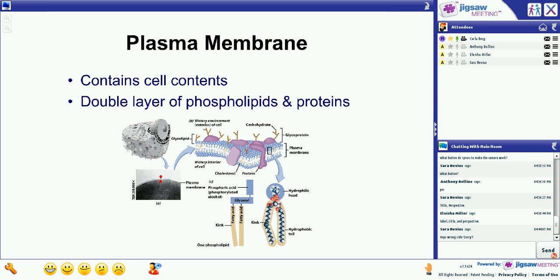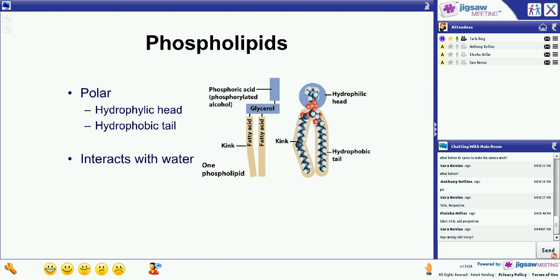Now, in order for the cell to work and function properly, some objects need to pass through this membrane. But not everything can, because if all of a sudden the nucleus ends up on the outside of the cell, you have a problem. So here is a close-up of a phospholipid, which is what the cell membrane is made up of.